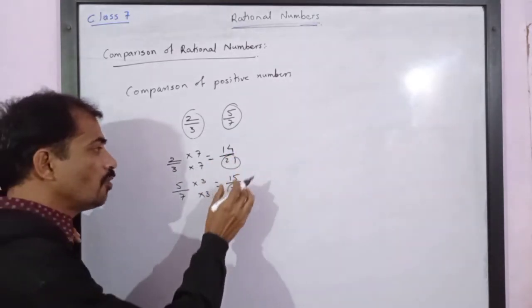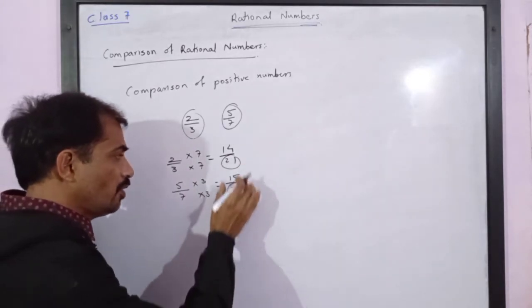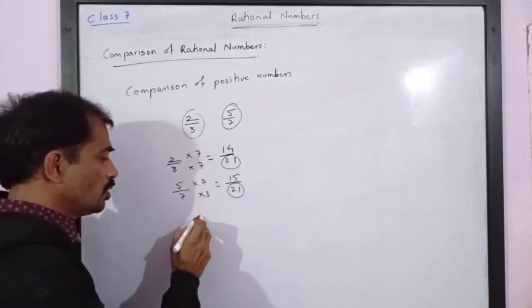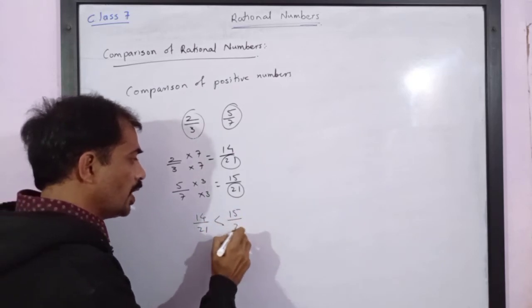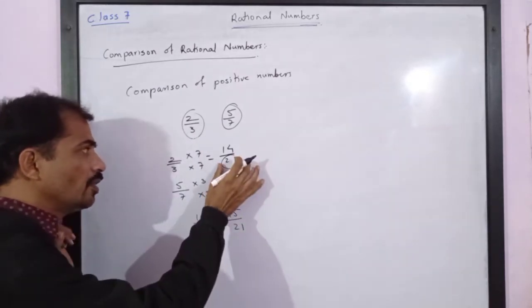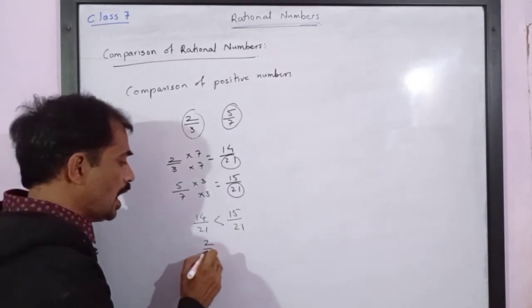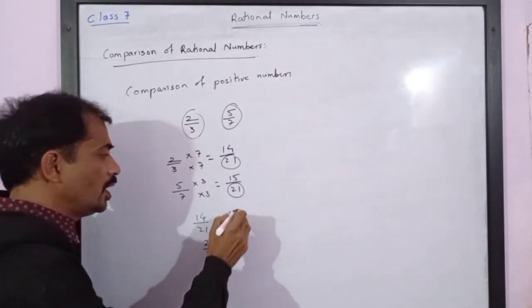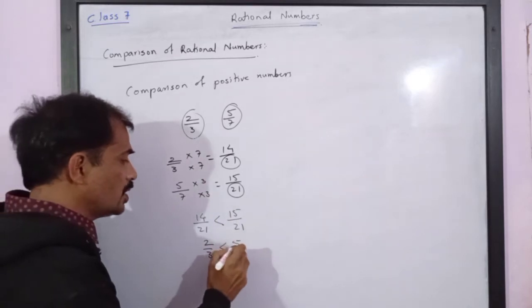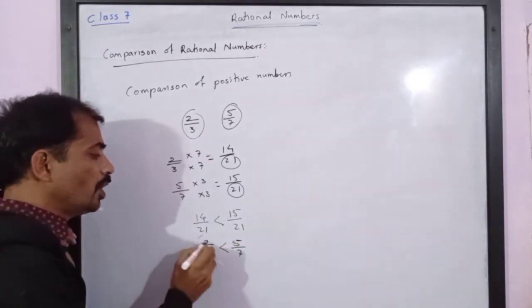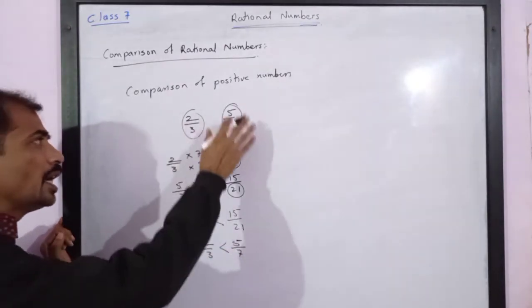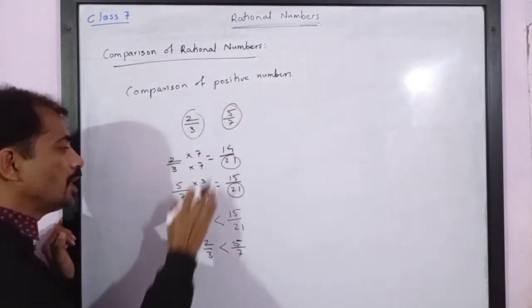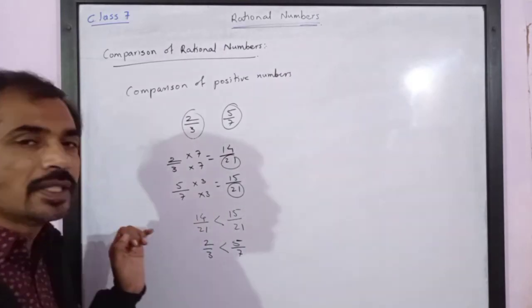So 15 upon 21 is bigger, and 14 upon 21 is smaller than 15 upon 21. But 14 upon 21 is nothing but 2 upon 3, and 15 upon 21 is 5 upon 7. It means 2 upon 3 is smaller than 5 upon 7. So we can compare positive rational numbers by making the denominators the same.